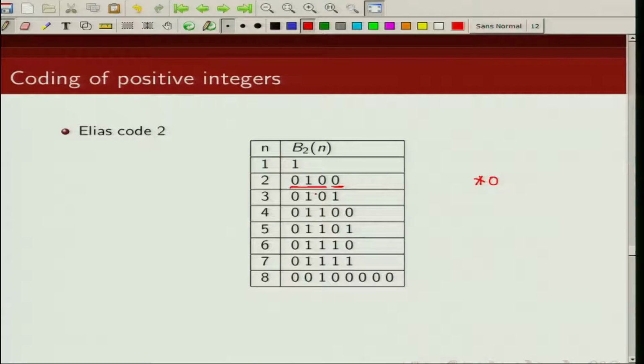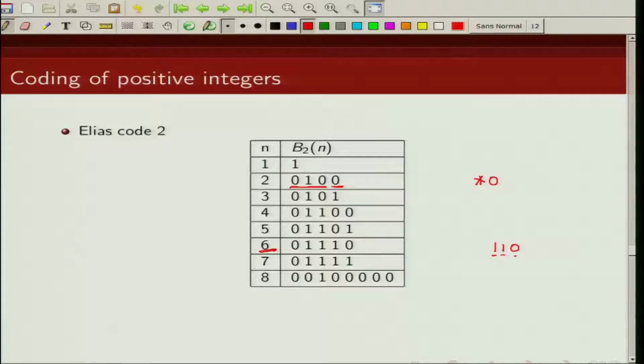Take another example. Let's say take 6. Now what is the binary representation of 6? It is 1 1 0. So you require 3 bits to denote 6. So in Elias code 2, which we are denoting by B2 of 6, we first need Elias code 1 for 3, because the binary representation of 6 is 110.